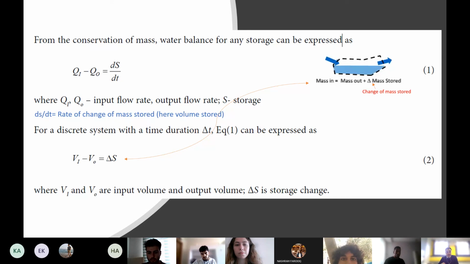This concept of water balance is used to solve many problems in hydrology and to do many designs. For example, in the GAP, the Great Anatolian Project, many designs in that project are based on water balance.